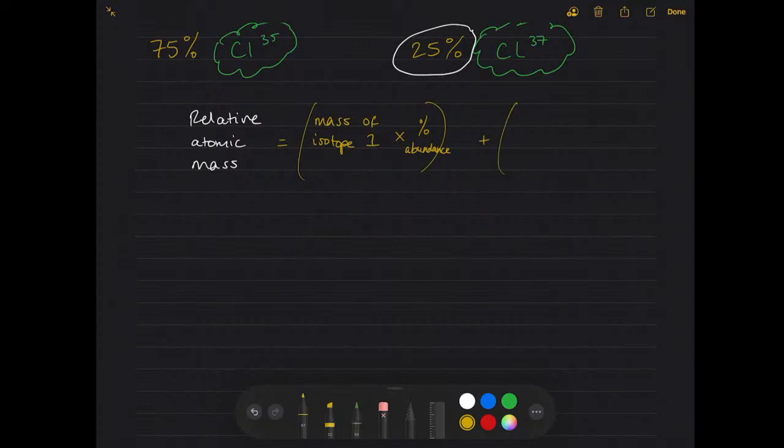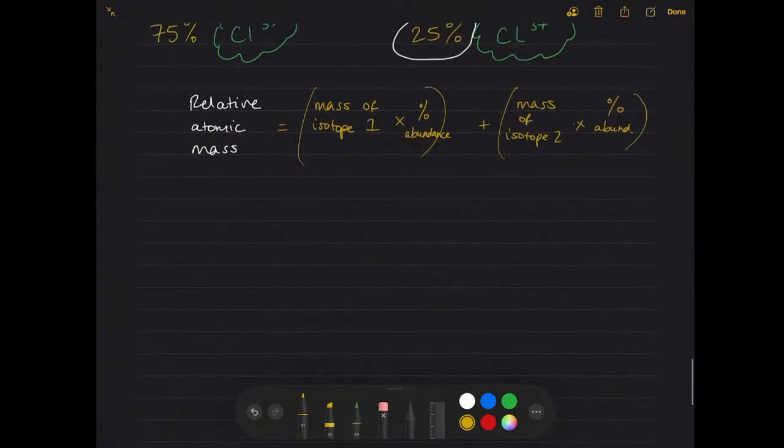You then add the same calculation for isotope 2: the mass of isotope 2 times the percentage abundance, and that will give you an average value.